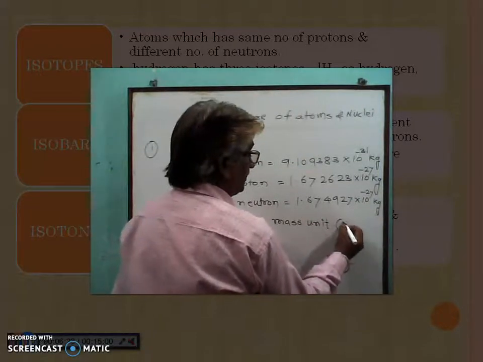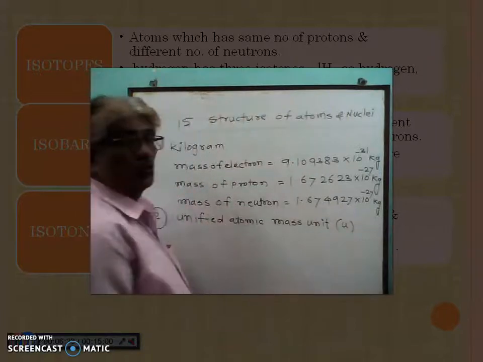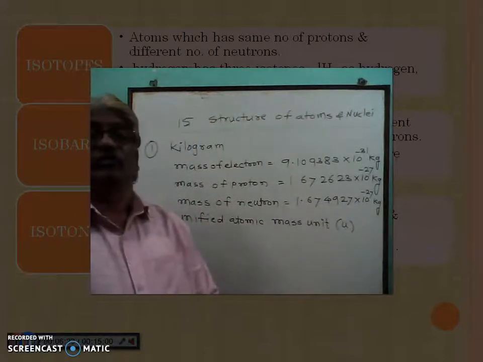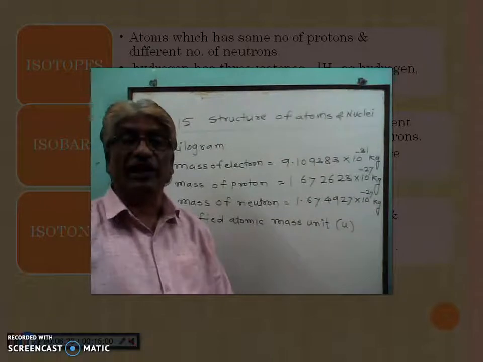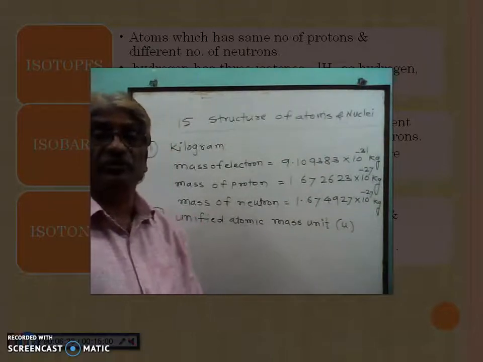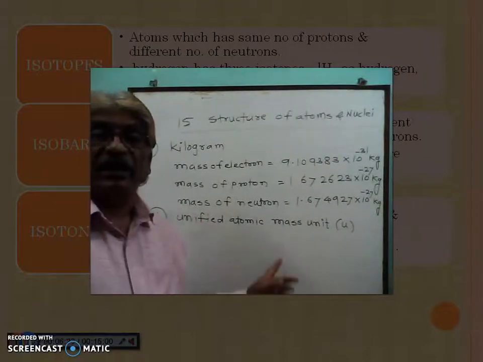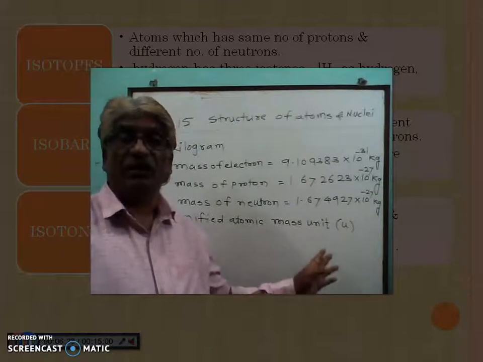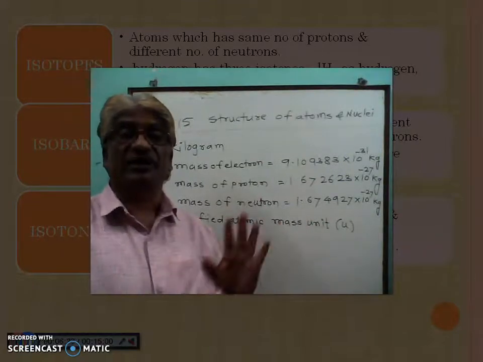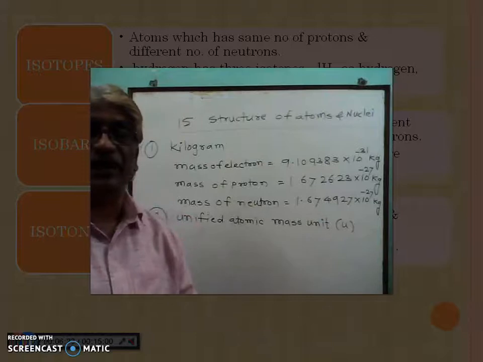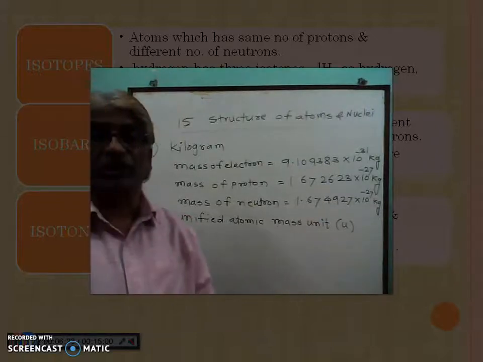It is denoted by u. Means first unit will be kilogram and second unit will be unified atomic mass unit.